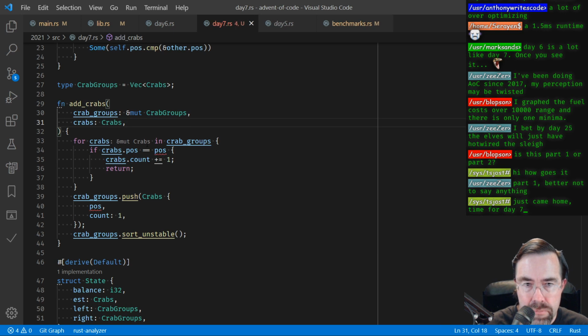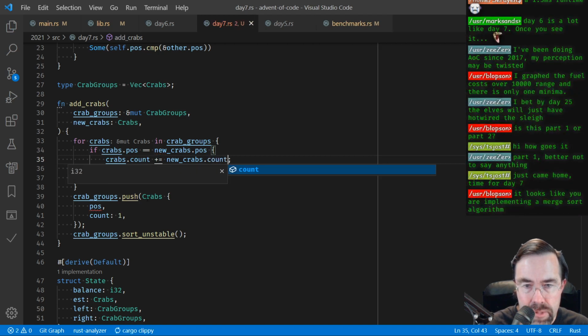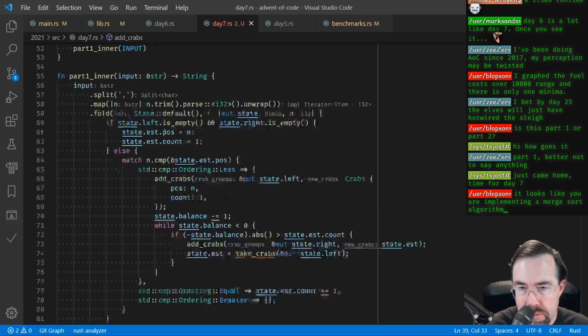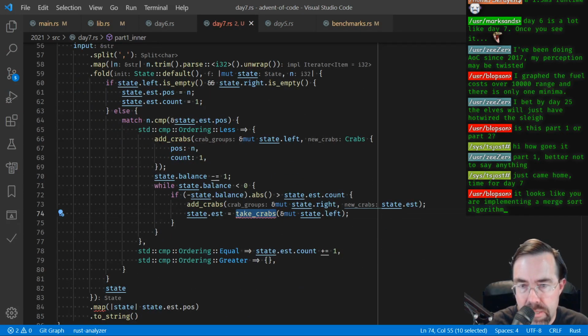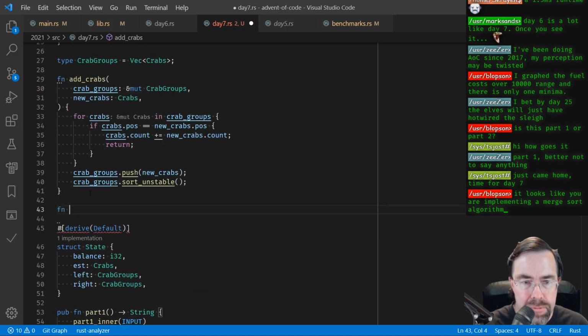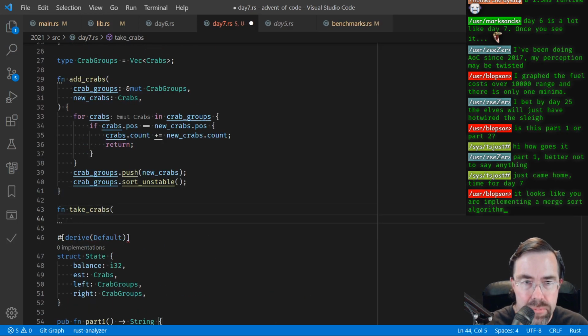If new_crabs.position equals crabs.position, crabs.count plus equals new_crabs.count. Otherwise, push new crabs and then sort. Right? Okay, so now I need to take crabs. Take crabs from crab groups.